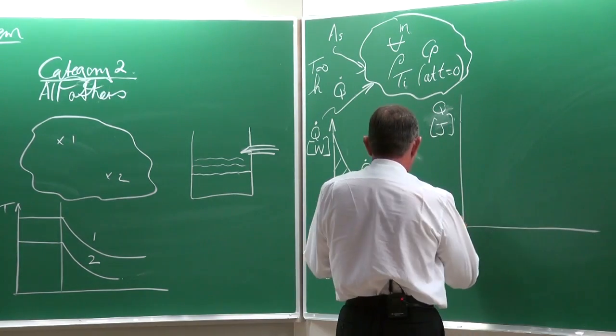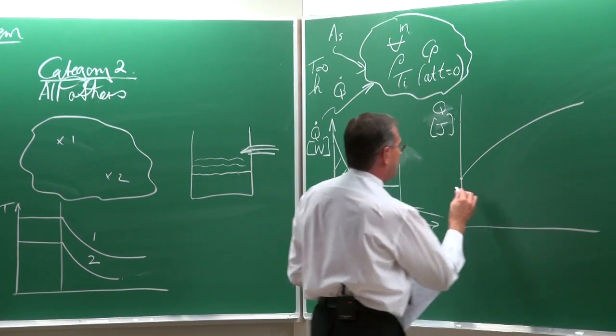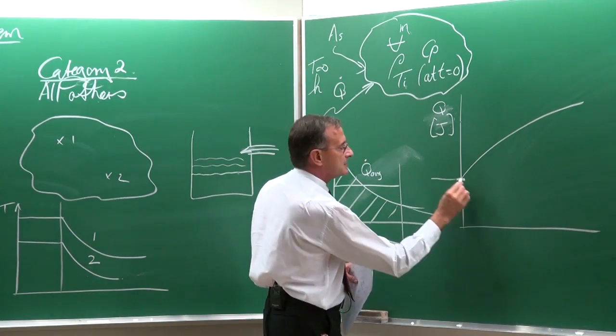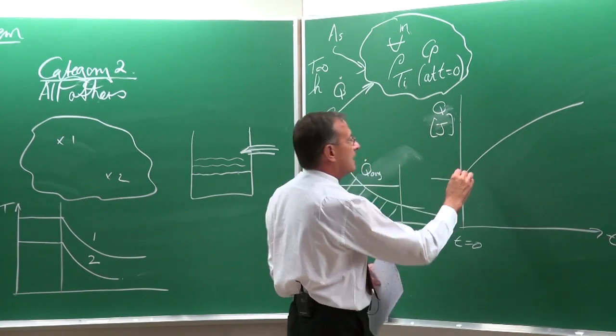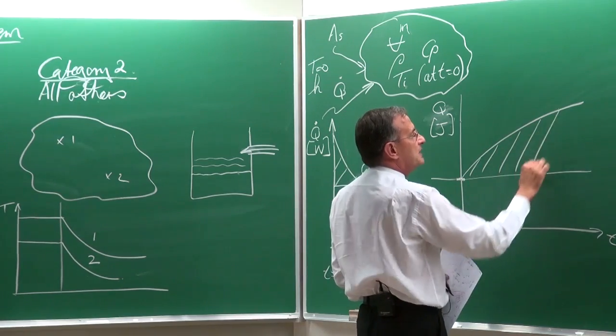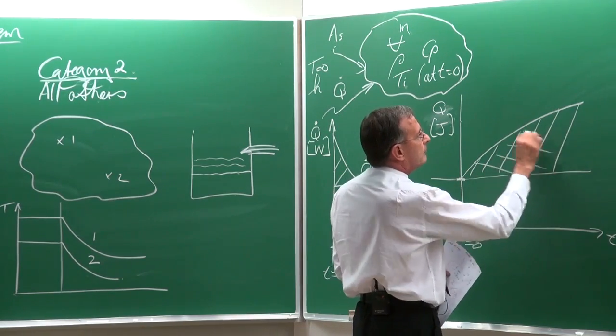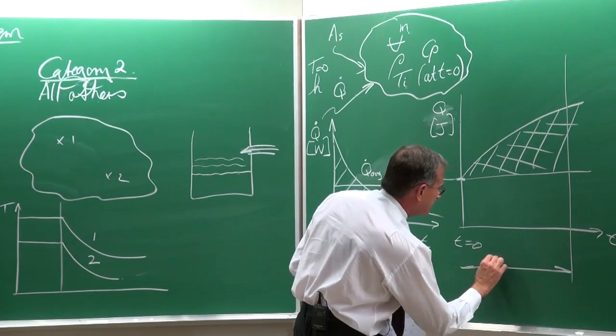So at t equals 0, it will have something, and the additional heat being added would be that part, again in a time period delta t.